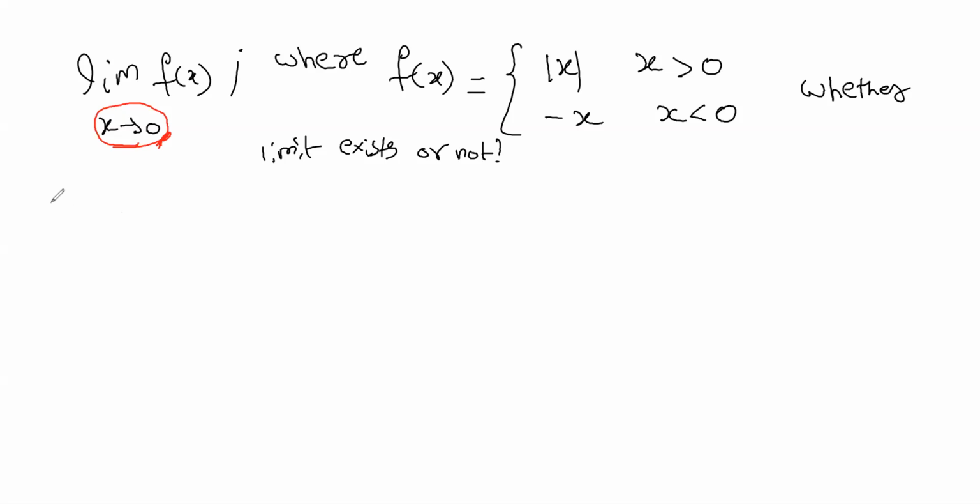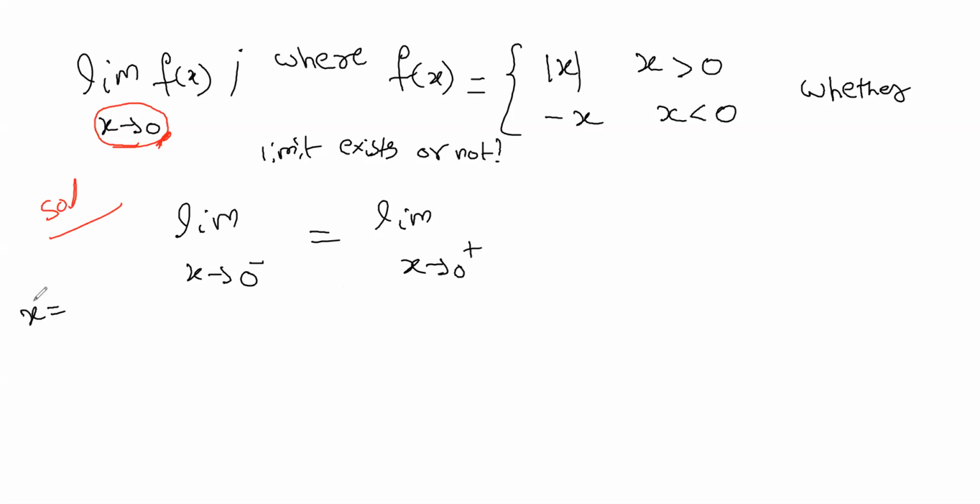We have to prove that the left hand limit is equal to the right hand limit, that is, limit x tends to 0 minus equals limit x tends to 0 plus. I am taking one value of x in the left hand limit as minus 0.4.